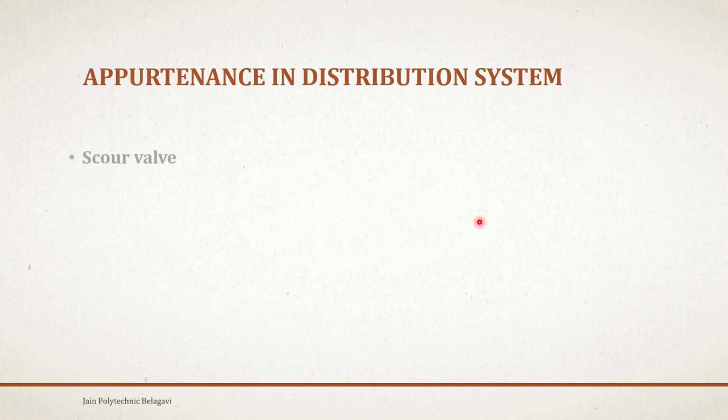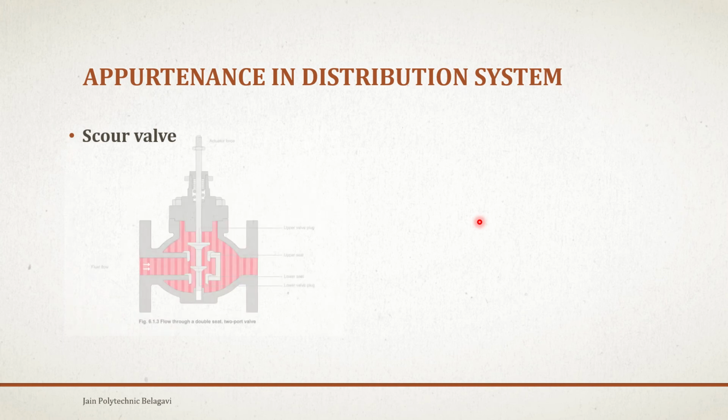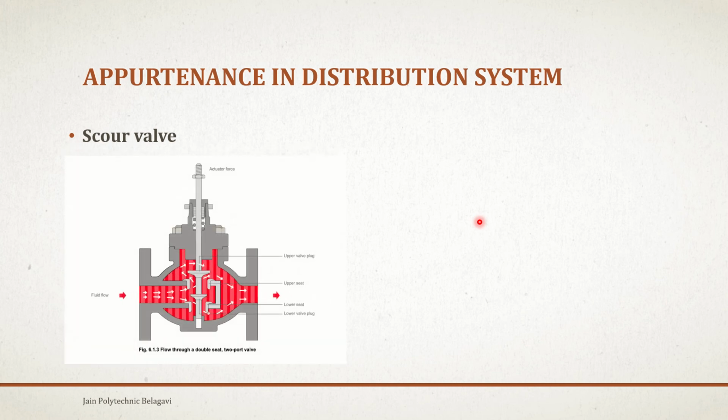Next, we have the scour valve. The scour valve is the valve which controls the scouring effect in the pipelines. So this is how the water scouring is controlled by this valve. We have different parts for the apparatus.